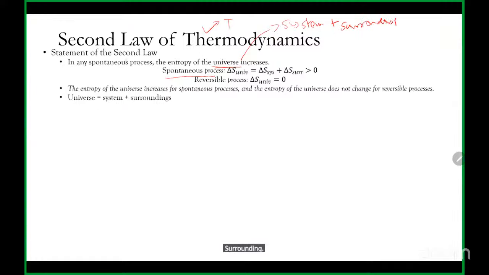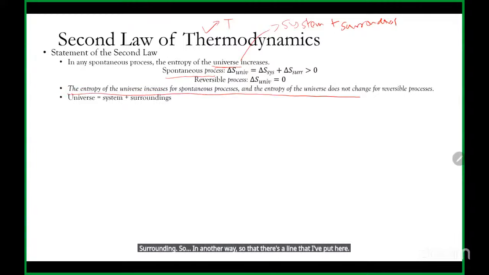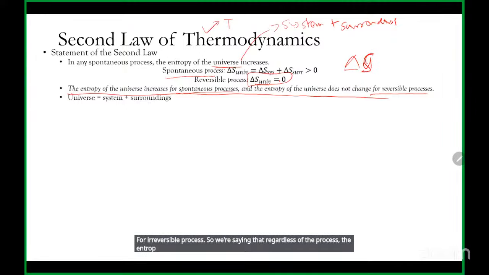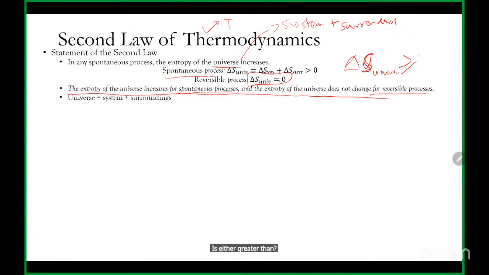So in another way, there's a line that I put here: the entropy of the universe increases for a spontaneous process. The entropy of the universe remains constant for the reversible process. So we're saying that regardless of the process, the entropy of the universe is either greater than or equal to 0.